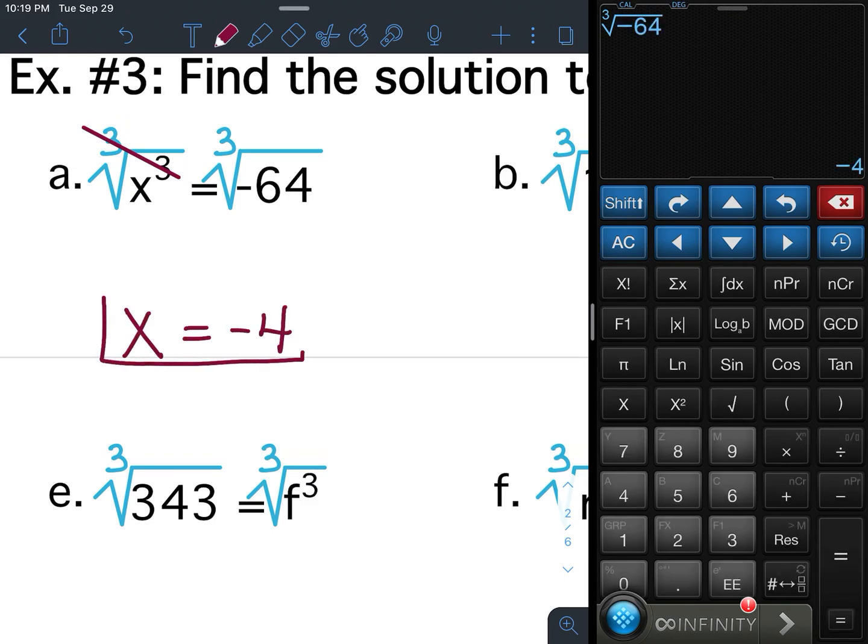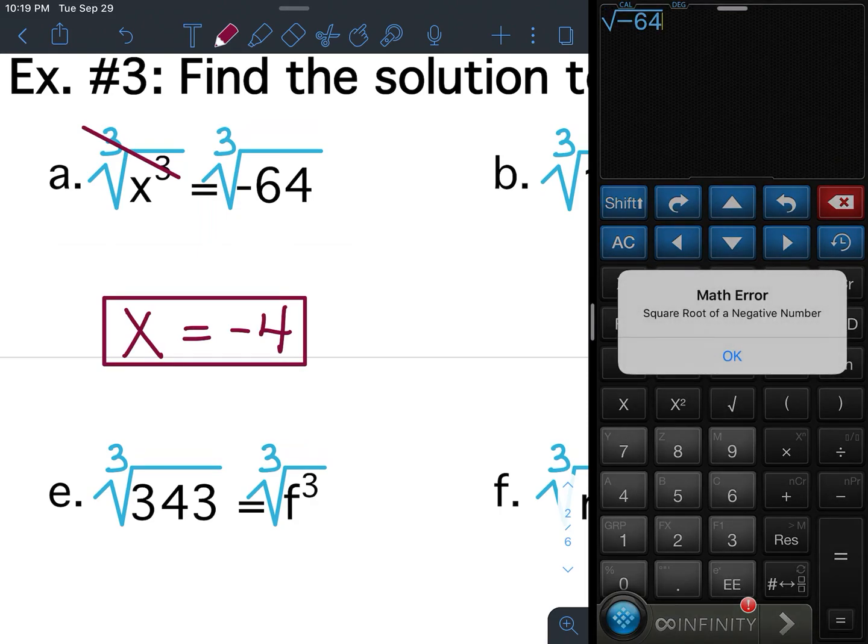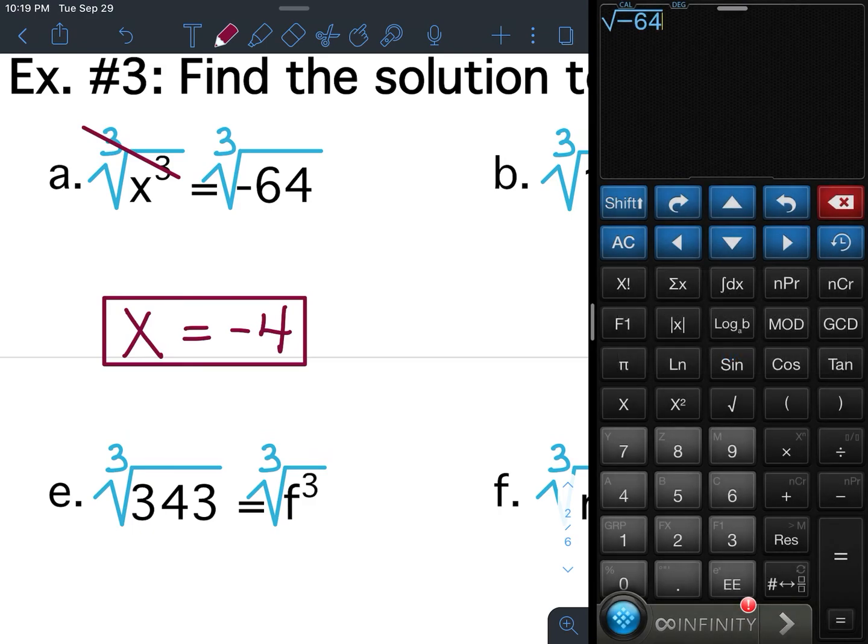Remember, real numbers have 1 cube root, so it is just negative 4. Now, if you would accidentally put in the square root of negative 64 instead of the cube root, it would give you an error on your calculator because you can't take the square root of a negative number. Watch, if I try the square root of negative 64, it gives me an error.